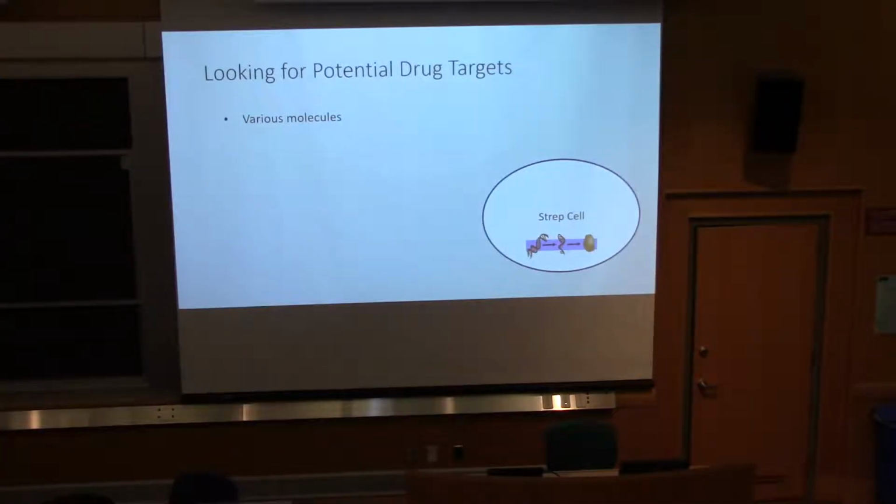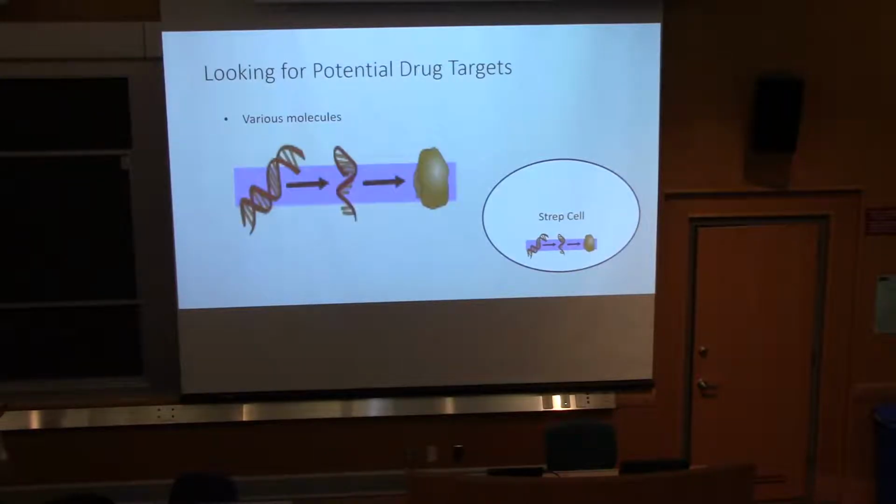There are various ways that antibiotics can target an organism, and there are various molecules that are locations for drug targeting, including DNA, RNA, and proteins. In the Meyer Lab, we are specifically studying RNA structures as drug targets.